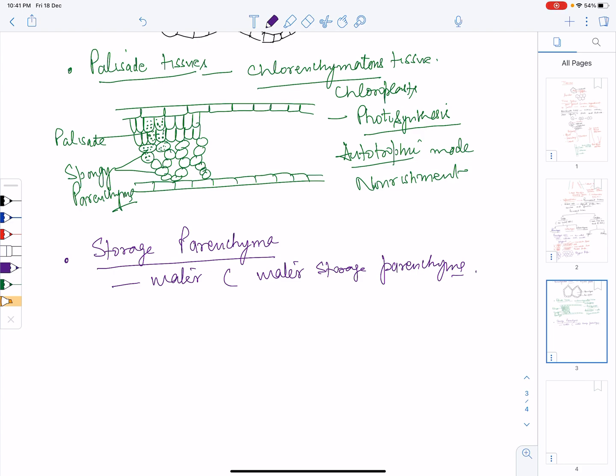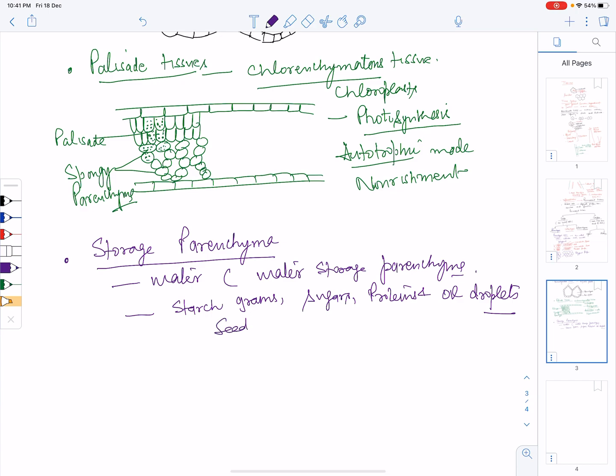And in some of the parenchymatous cells, food may be stored. Now, food may be in the form of starch grains, sugars, proteins, and oil droplets. Usually food is stored inside the seeds in endosperm and pulp of fruit.